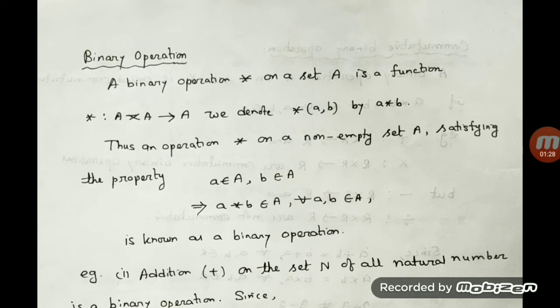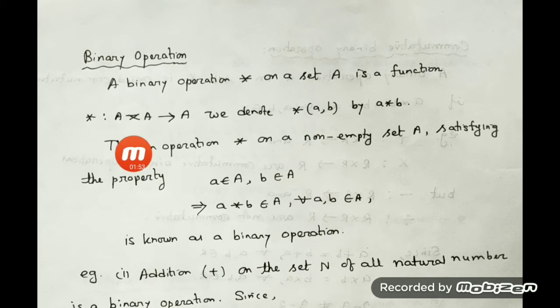So here we will see binary operation. Binary means two. So if you want to discuss binary operation, generally we see that a binary operation is a function, and it is a function from the Cartesian product of two sets to a single set. Now you see why it is a Cartesian product of two sets.